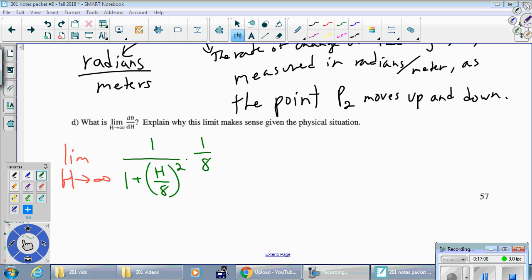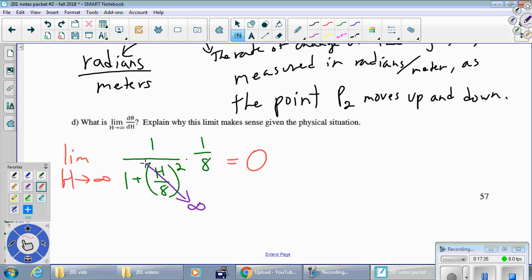And when we send h to infinity, just this part goes to infinity. I mean, it's infinity divided by 8, and then it's squared. So that means that the whole denominator is infinity, because adding 1 doesn't change anything. And then 1 divided by something really large heads towards a very nice specific number. 1 divided by something really large heads to 0. Multiplying by 1/8 does not affect the 0. So this limit is 0.